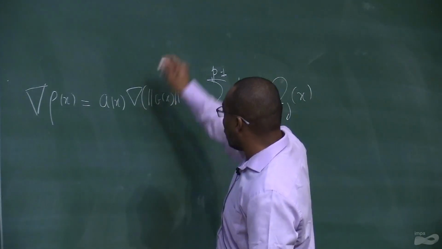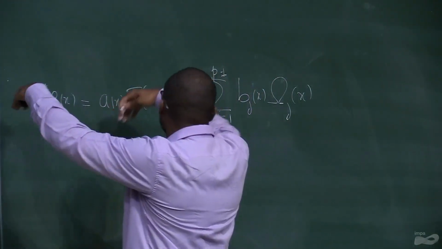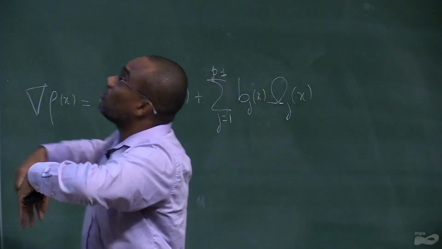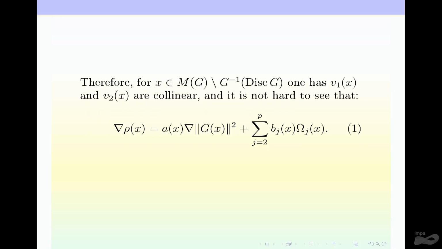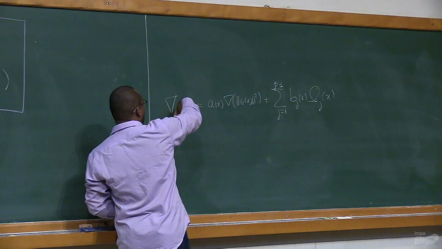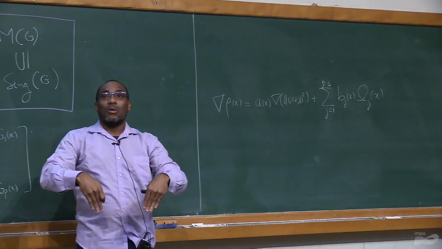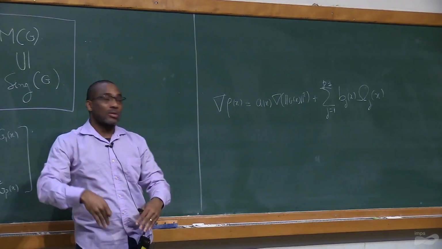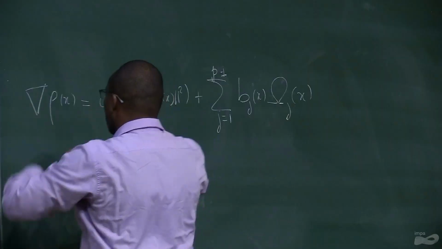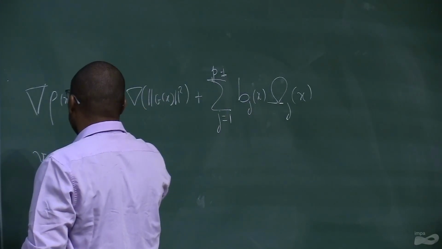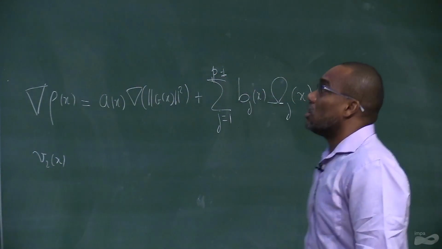Okay, if you project such a guy here in the tangent plane of xy, the projection is parallel to omega x. So when you project here, you get the v2x using our notation.